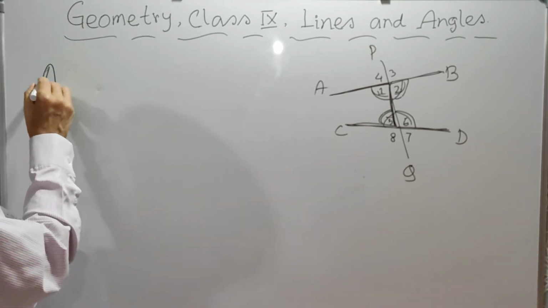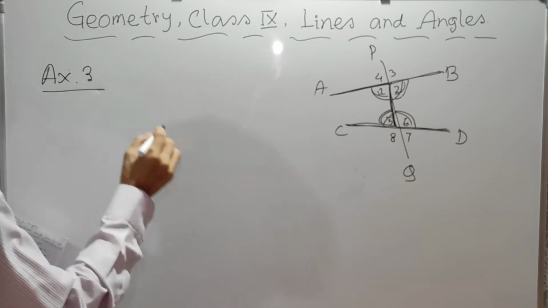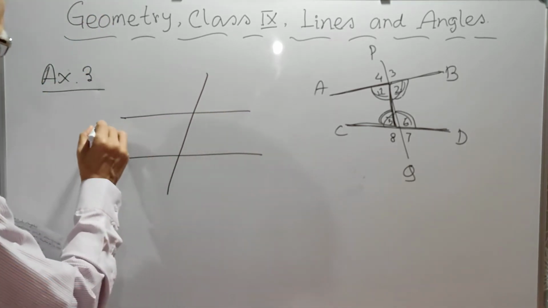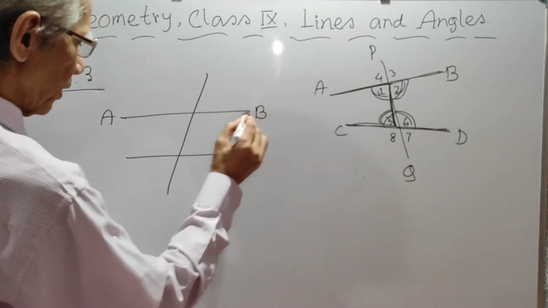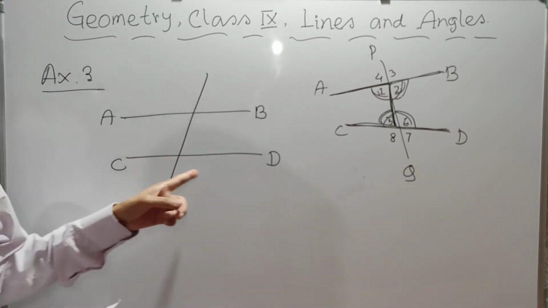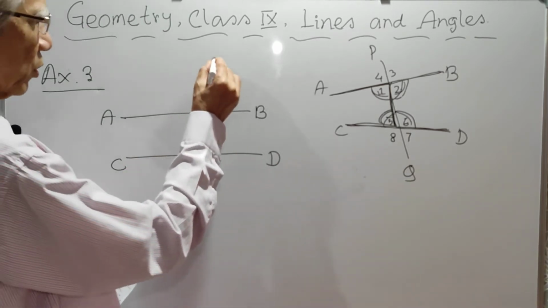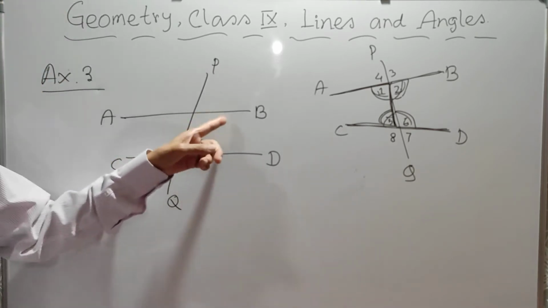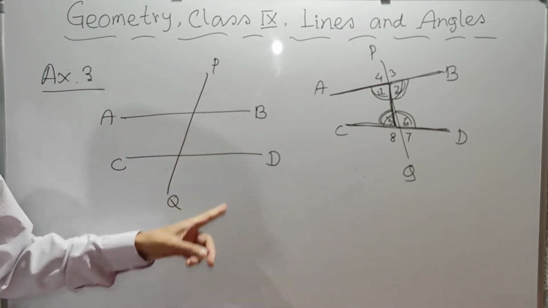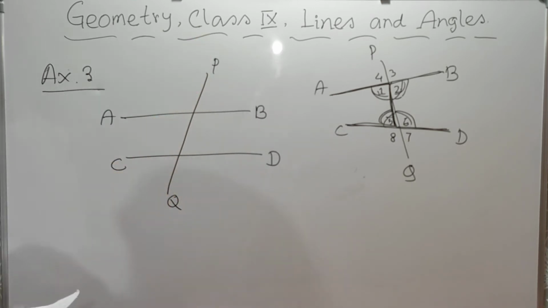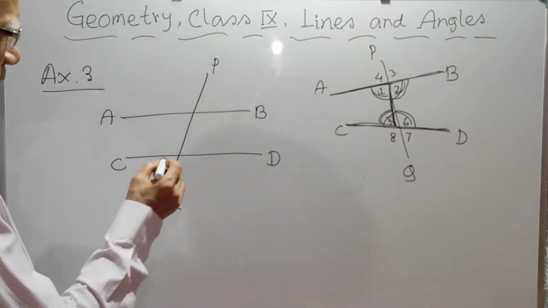So this axiom says if two parallel straight lines are cut by a transversal, say AB and CD are two parallel straight lines, and suppose PQ intersects them, PQ cuts them. AB and CD are two parallel straight lines and PQ transversal intersects them. Then this axiom says corresponding angles are equal.